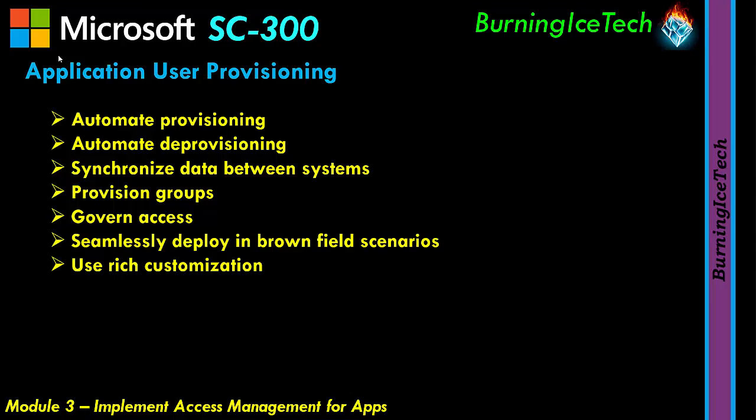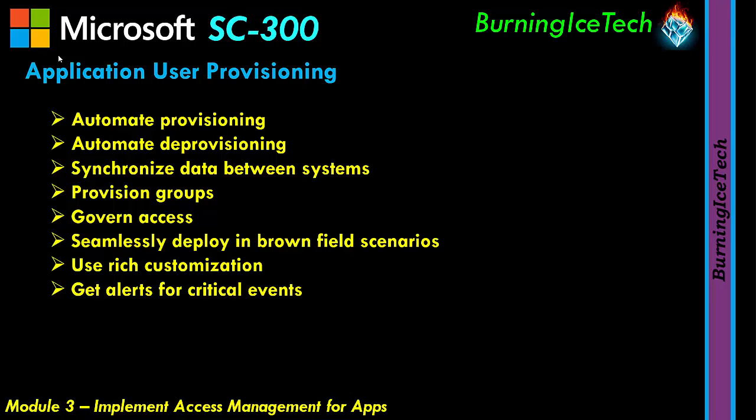So, in other words, take advantage of customizable attribute mappings that define what user data should flow from the source system to the target system. And then, lastly, guys, it also allows you to get alerts for critical events. So, in other words, provisioning service provider alerts for critical events and allows for log analytics integration where you can define custom alerts to suit your business needs.